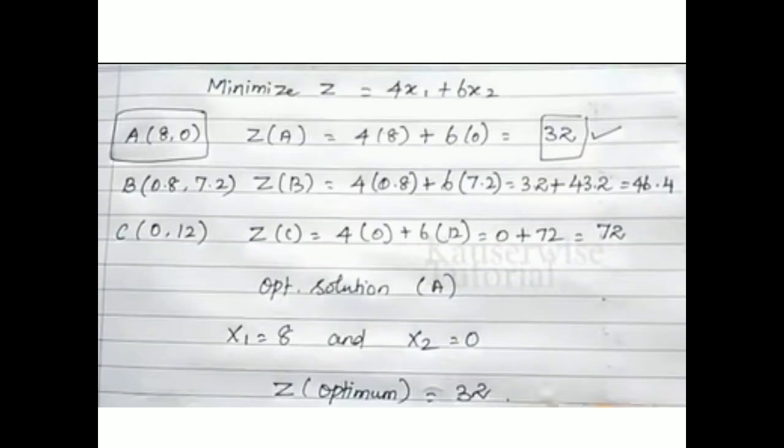So this is my optimum solution. Therefore, for point A, x1 equal to 8 and x2 equal to 0 are the decision variables I have obtained after solving this linear programming problem, and the minimized, optimum objective function value is 32.